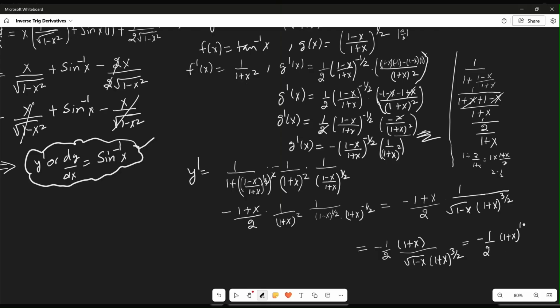This goes at top, so becomes negative, or 1 minus x. This is equal to negative 1 over 2. So again, it is coming in the bottom.